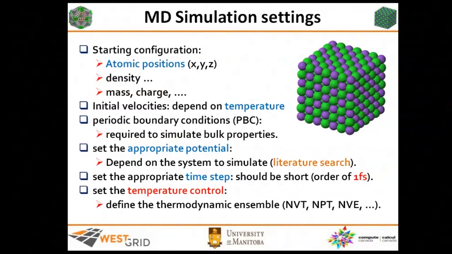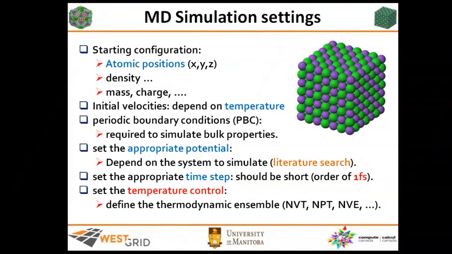We also need to set the appropriate potential. Depending on the system, you will choose one kind of potential. For model systems, most people use Lennard-Jones. For example, if you go to metals, you have to use the embedded atom potential. If you are going to simulate glasses, for example silica, you can use Tersoff, Stillinger-Weber, and so on.